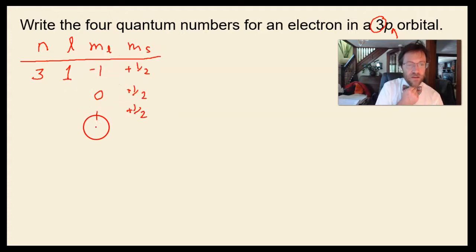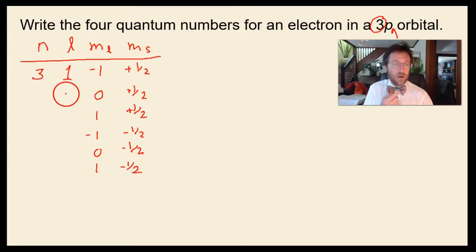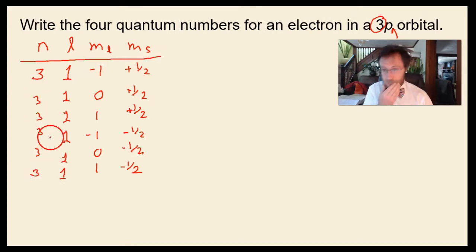So if I have my m sub l values of -1, 0, and 1, I'm going to repeat them and put minus 1/2 here. So n is 3 and l is 1 for all of these. Does that make sense?